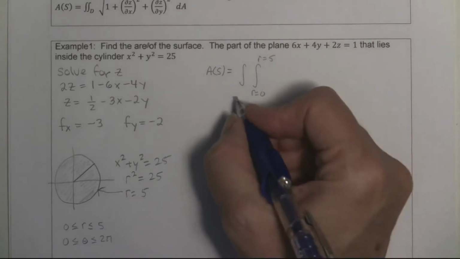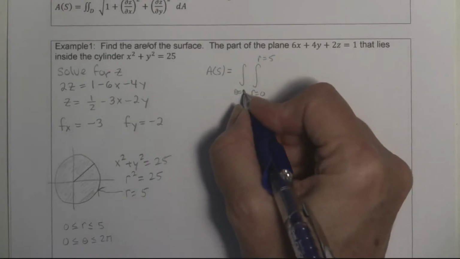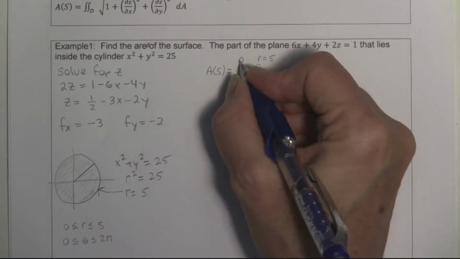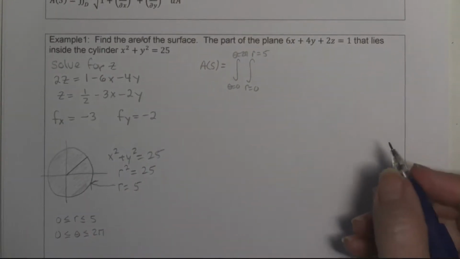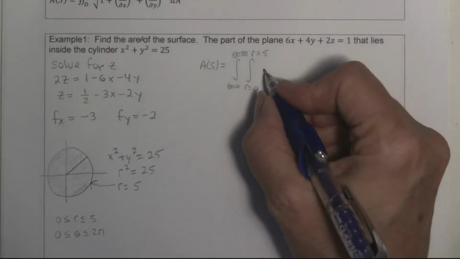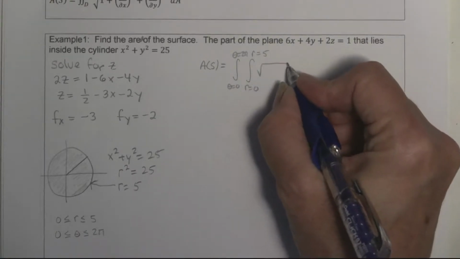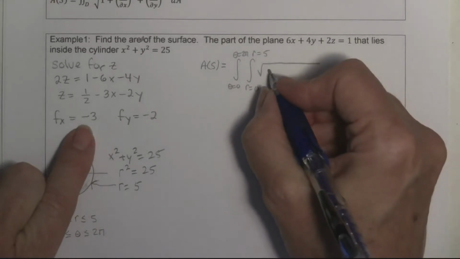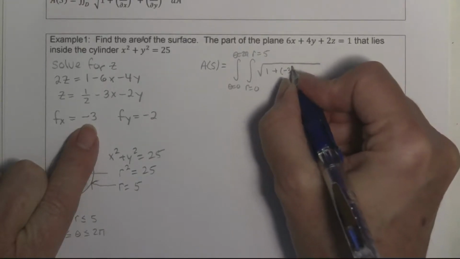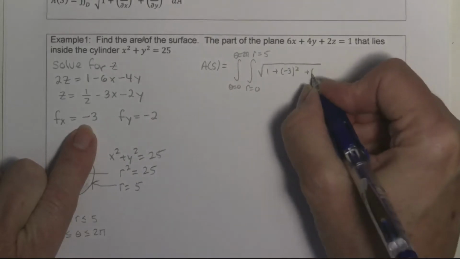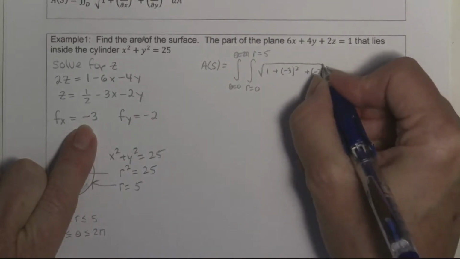And theta is going from 0 to 2 pi. And my integrand is the square root of, because it's surface area, 1 plus negative 3 squared plus negative 2 squared.